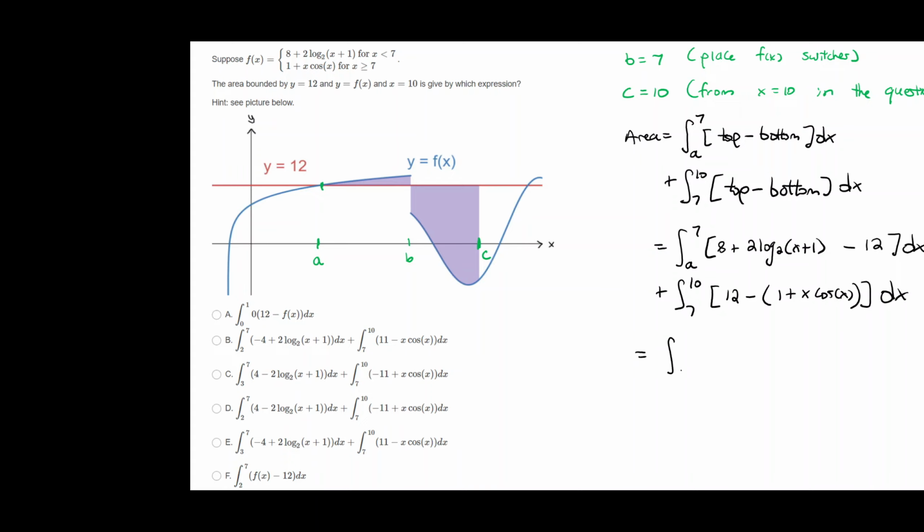So we have an integral from A to 7 of negative 4 plus 2 log base 2 of x plus 1, combining the 8 and the negative 12. And then we can simplify the last one, the integral from 7 to 10. We have 12 minus 1, which is 11, minus x times the cosine of x.